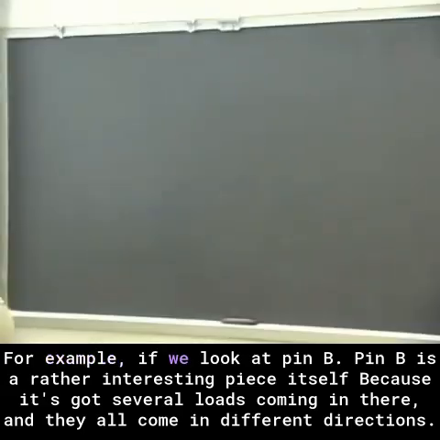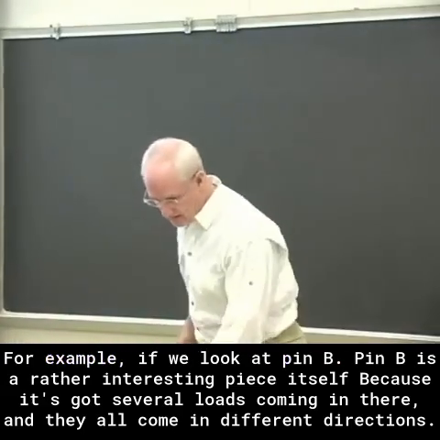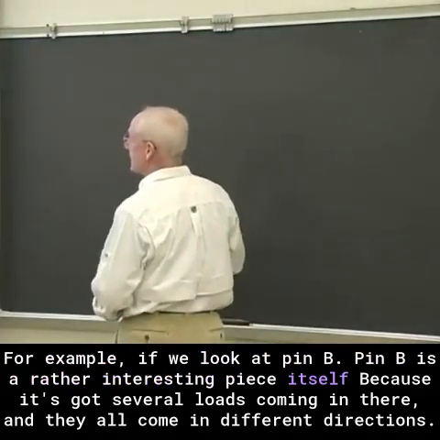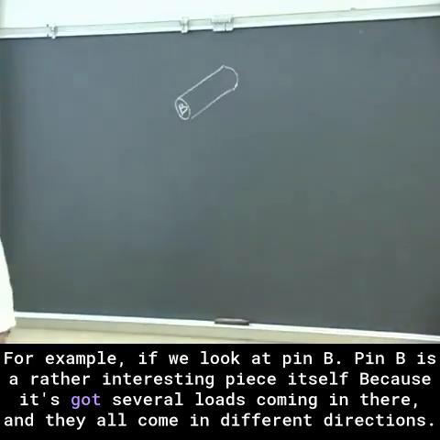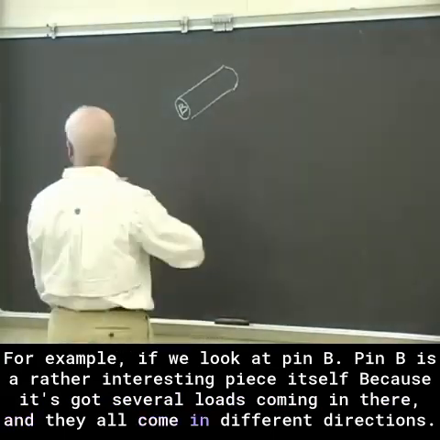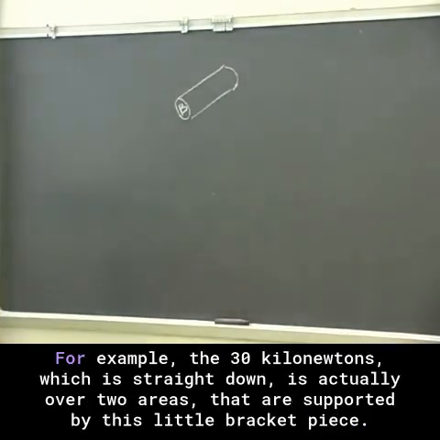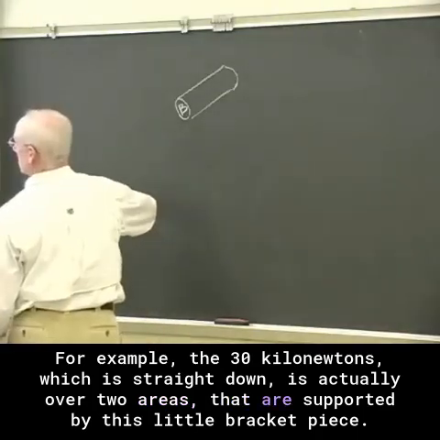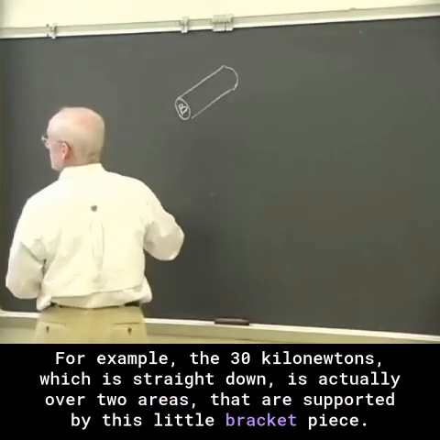For example, if we look at pin B, pin B is a rather interesting piece itself because it's got several loads coming in there, and they all come in different directions. For example, the 30 kilonewtons, which is straight down, is actually over 2 areas that are supported by this little bracket piece.